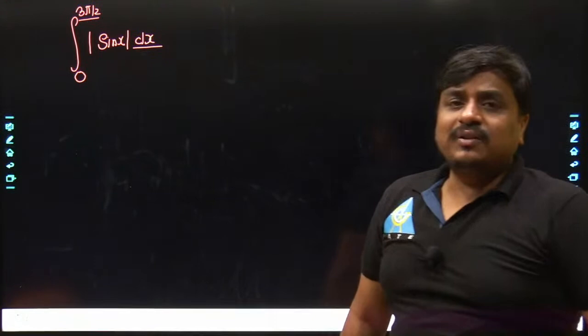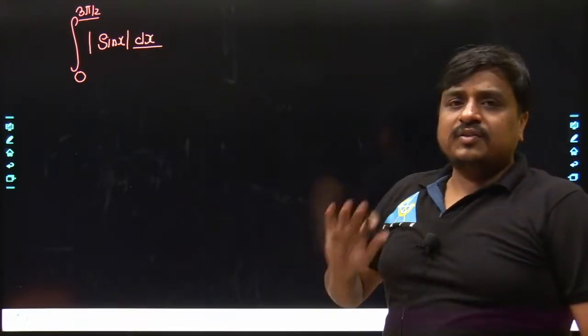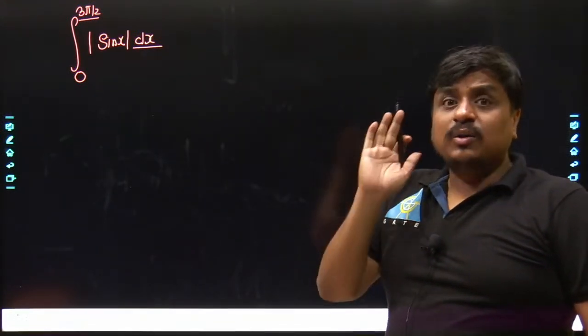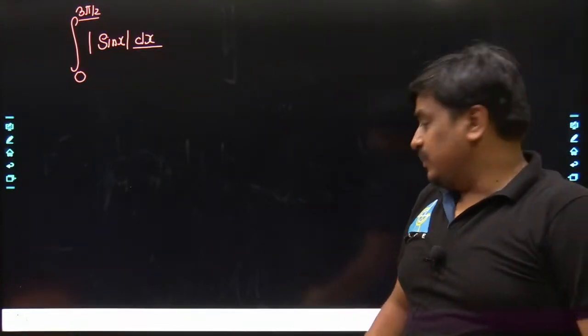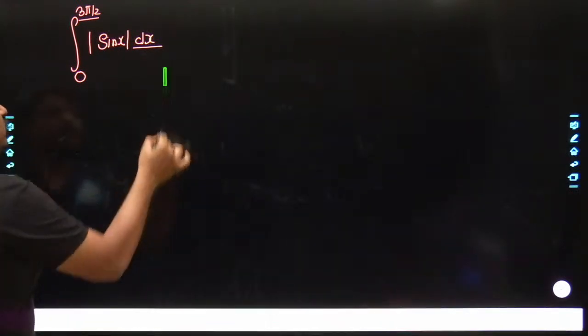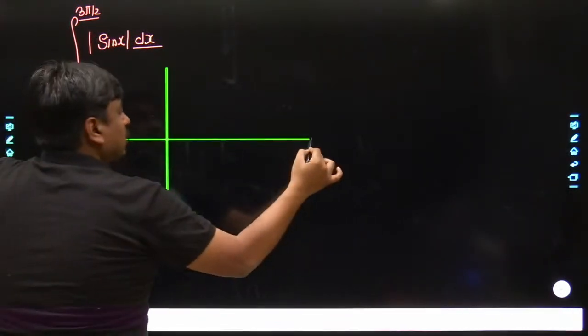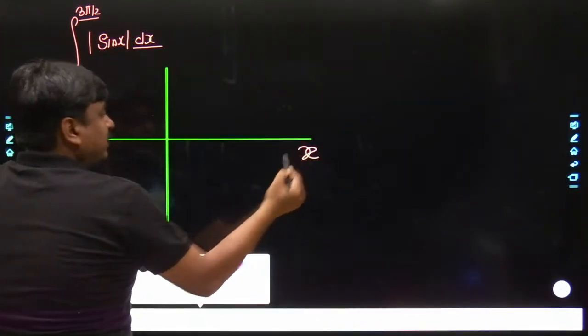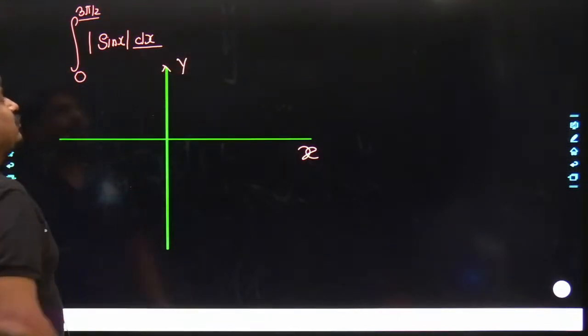See, whenever you deal with the modulus function, just have a bit of understanding of how the modulus function would look over the xy plane. Let me take a reference of the xy plane. It has the x-axis and the y-axis.